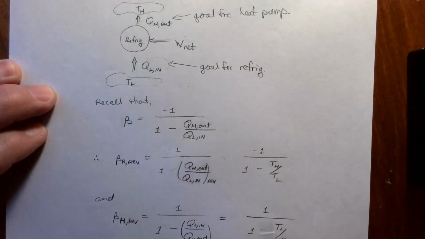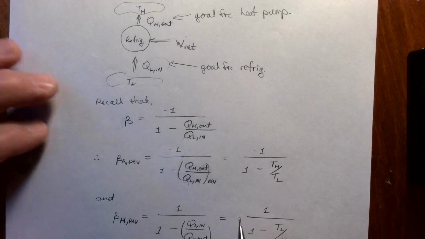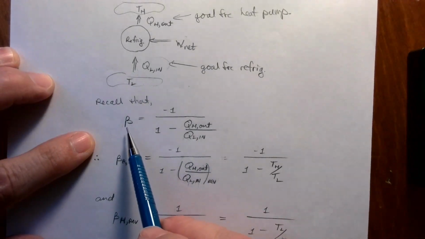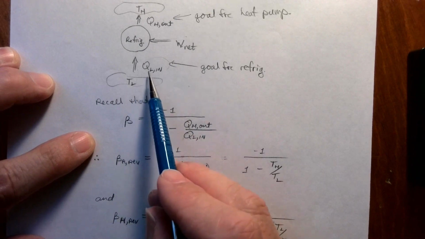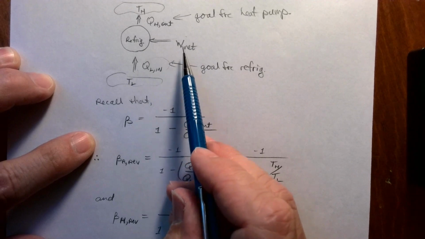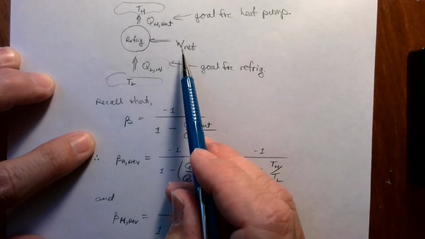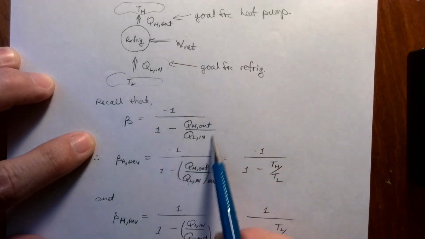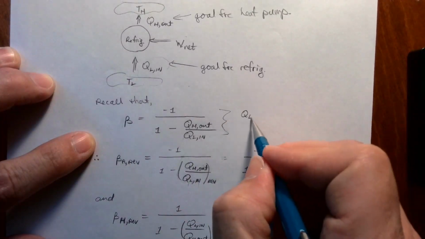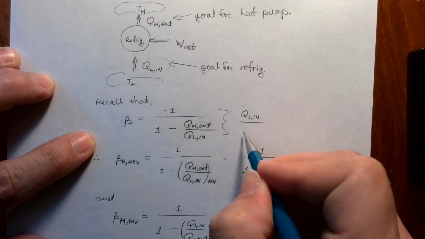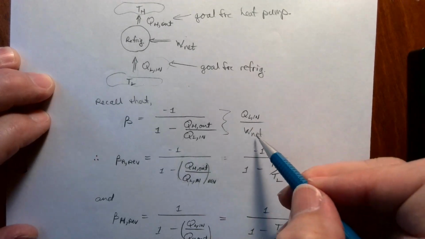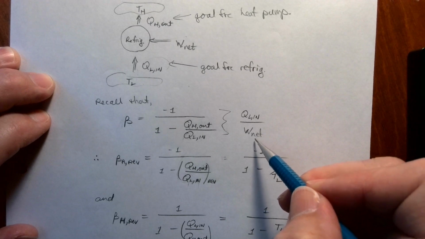This is what this textbook calls beta. You don't need the sub R for a refrigeration cycle. If you take beta being defined as QL divided by W net in and then do an energy balance to substitute for W net in in terms of heat transfer, this is that same expression. This is equivalent to QL in divided by W net, desired output over required input.